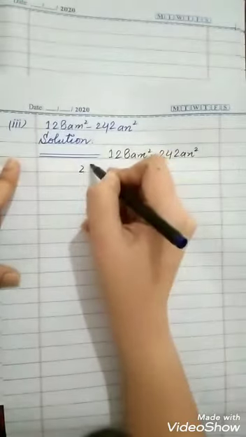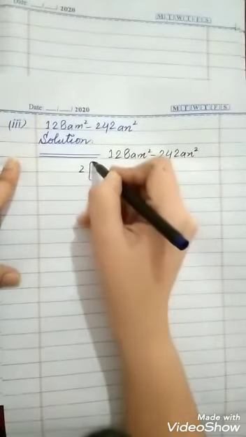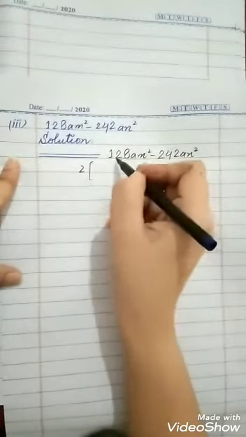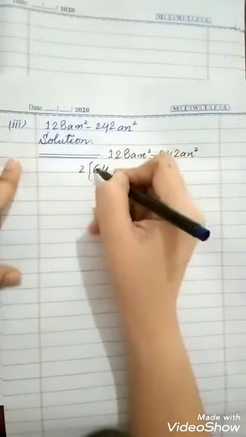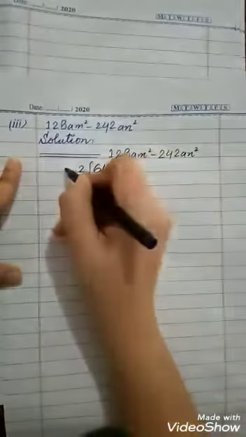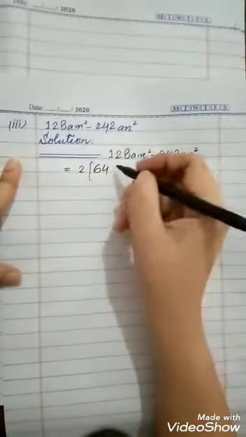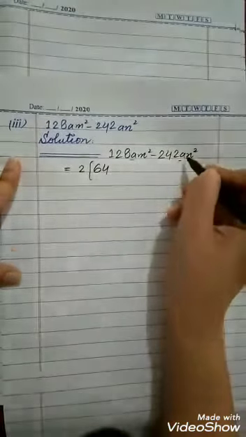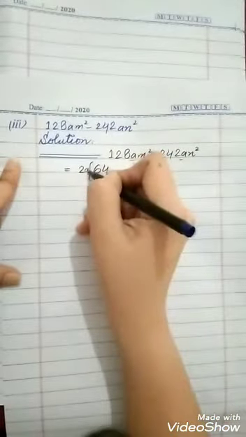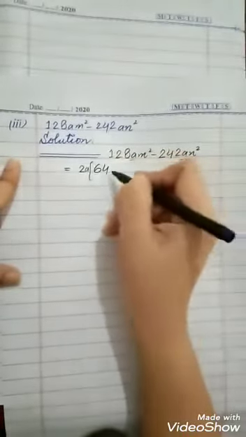So if we take 2 common, what is left here? If we divide 128 by 2, we get 64. And what is more common here? a is also common because in both values it is present. So 2a is common. What is left here?